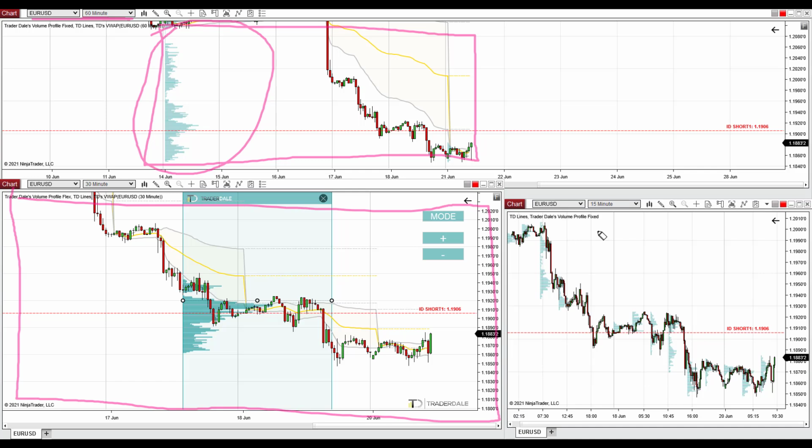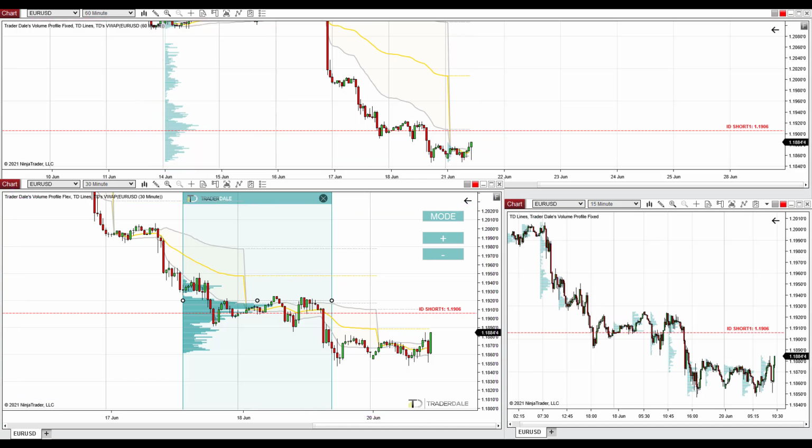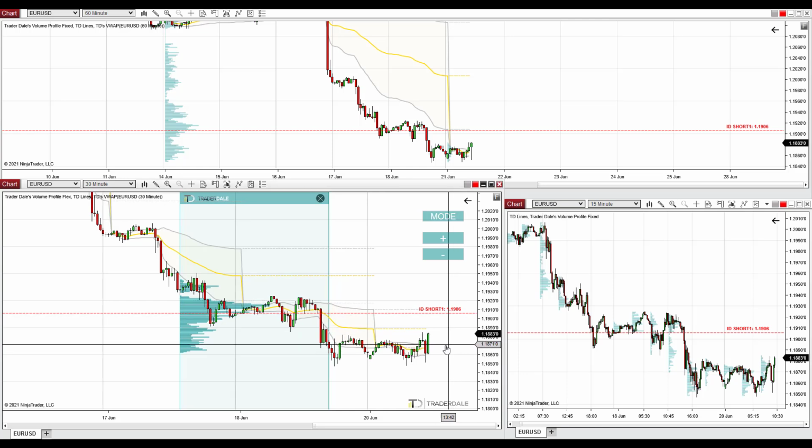Now the last chart, that's a 15-minute chart, more detailed chart, and it shows 4-hour profiles which get printed automatically every 4 hours. Alright, so that's the workspace which I'm using, and let me now present to you the trading idea. I hope that the price won't hit that trading level before you see the video.